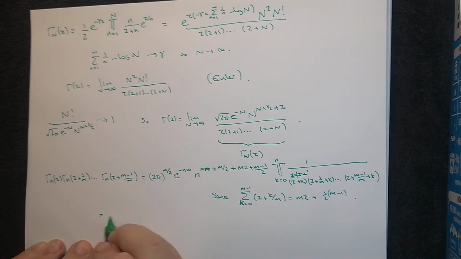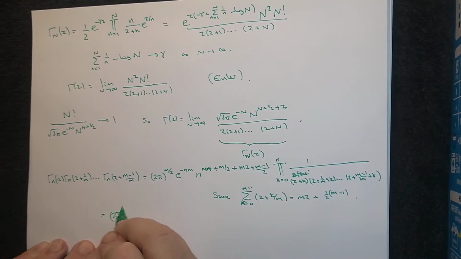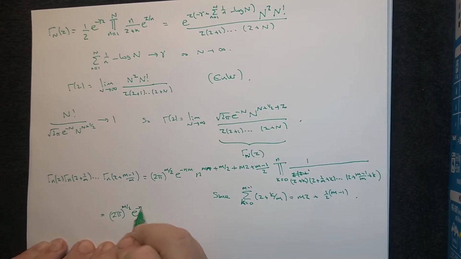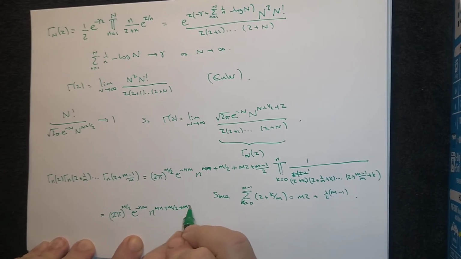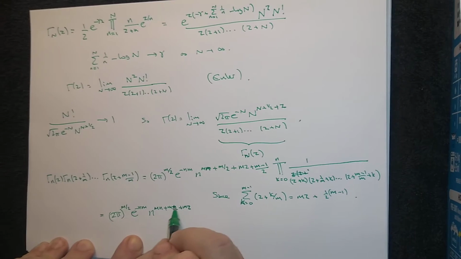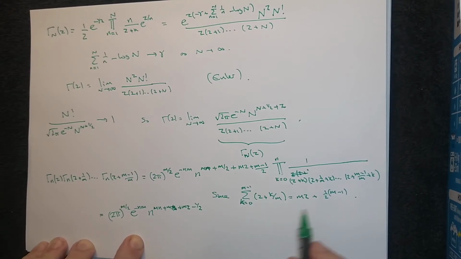Okay, that's 2 pi to the m over 2, e to the minus n m, n to the mn plus m over 2 plus mz plus m over 2, so that cancels with that, minus a half.